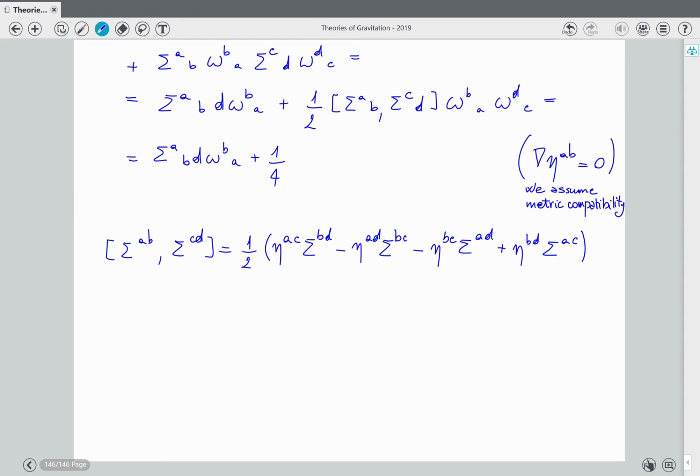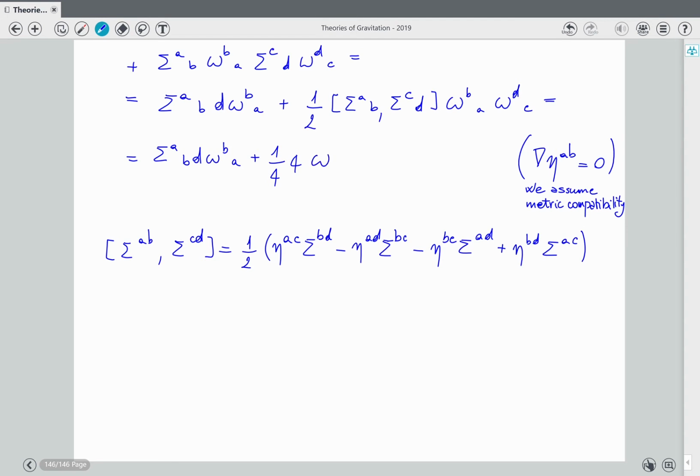Then all those 4 terms give the same. So you have 4 AC, the first and the third. A and C, okay.